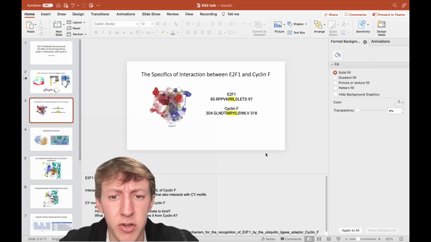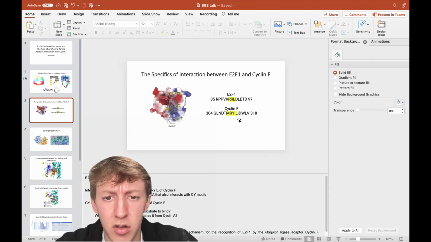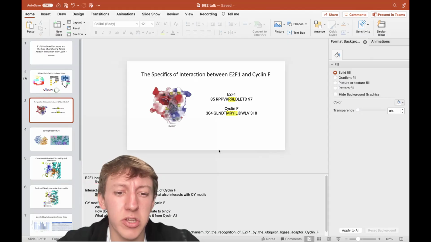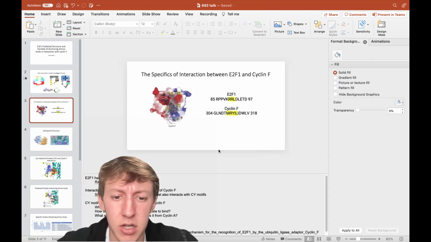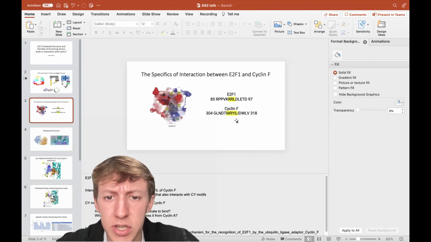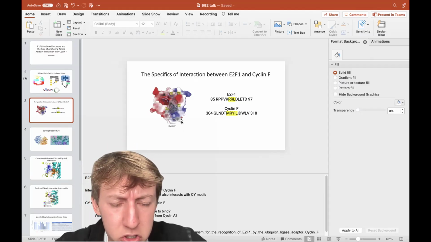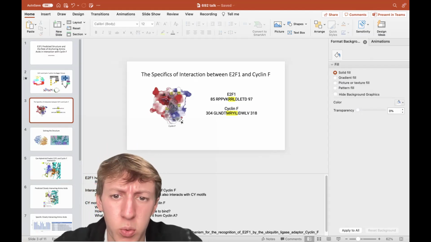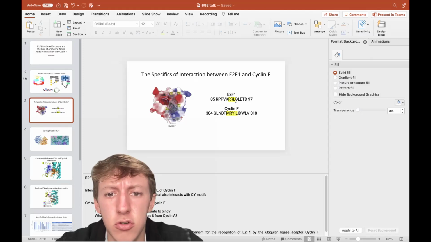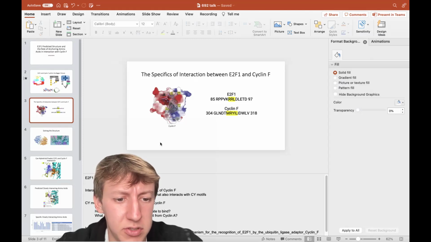It is known to interact specifically with the M-R-A-I-L site on cyclin F. The hydrophobic patch is made up of the amino acids M, R, Y, I, and L, and it's very similar to the MRAIL sequence in cyclin A. The MRAIL site for cyclin F is known to be located between amino acids 304 and 318. The picture on the left is a mapped interaction between Cy motif 2 of E2F1 and the MRAIL site of cyclin F.